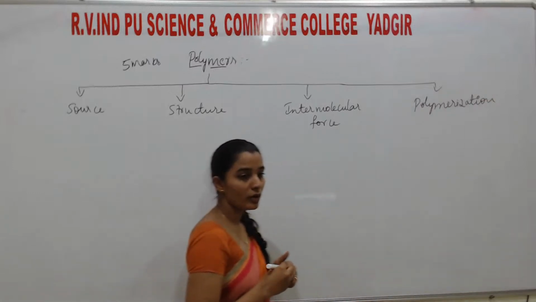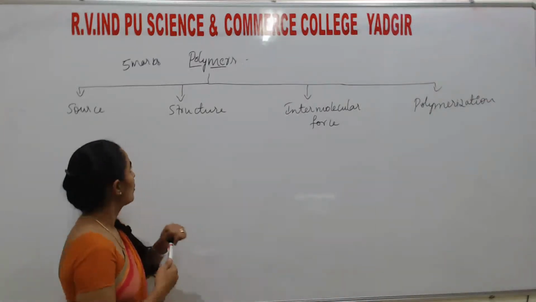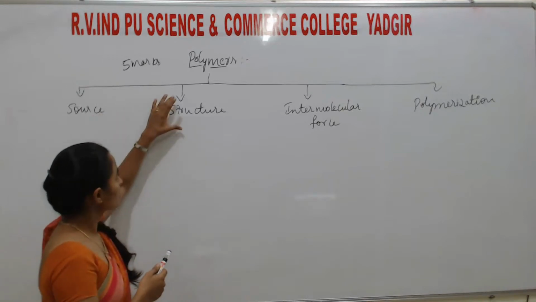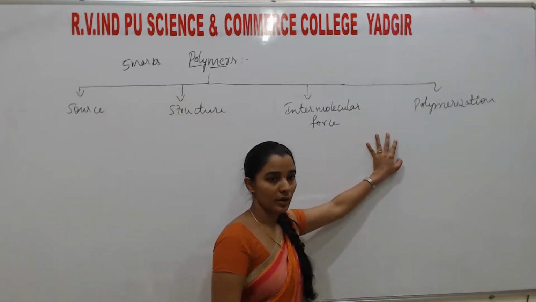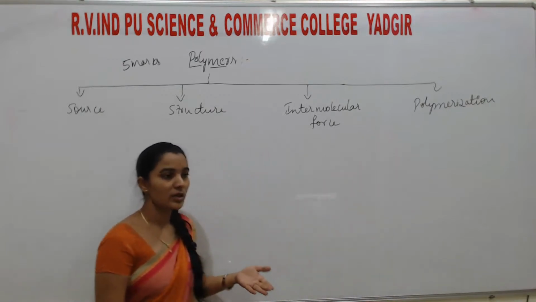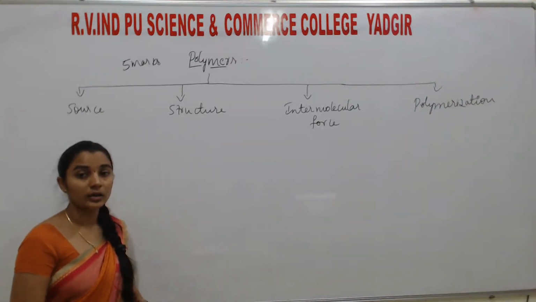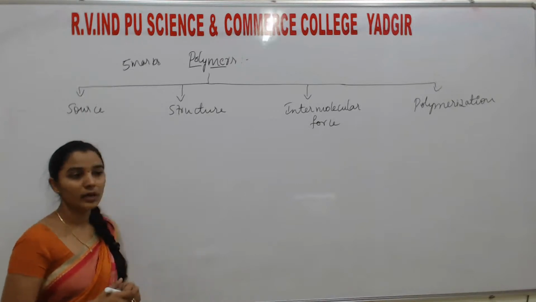Okay, 4 classifications are there in polymers. One is based on source, based on structure, based on intermolecular force, and based on polymerization. Based on source means from where they occur, or from where they are available.